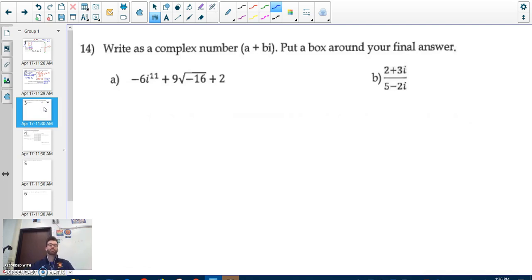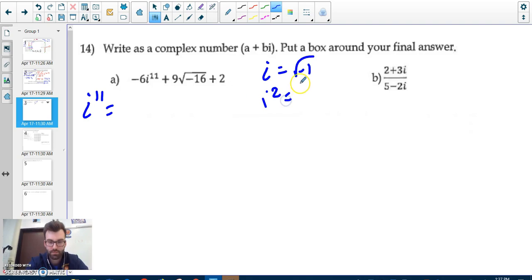Number 14. This is a review of complex numbers. Remember, when I have i to the 11th, I want to think about how many times I can get i to the 4th into that. Because remember, i is the square root of -1. i squared is -1. i to the 3rd is -i, and i to the 4th is i squared times i squared, which is just 1.